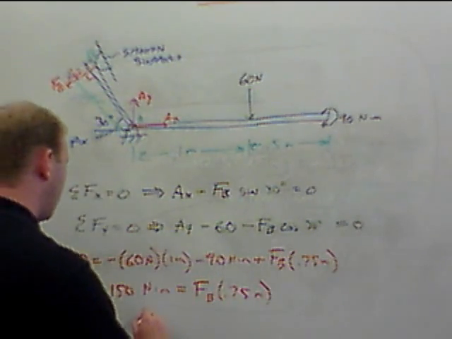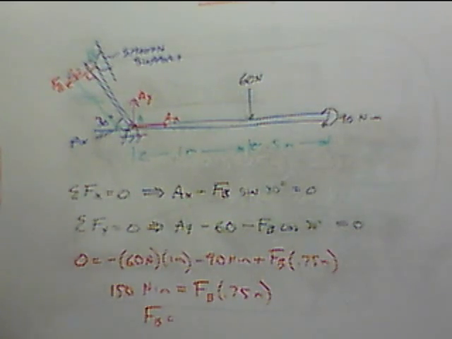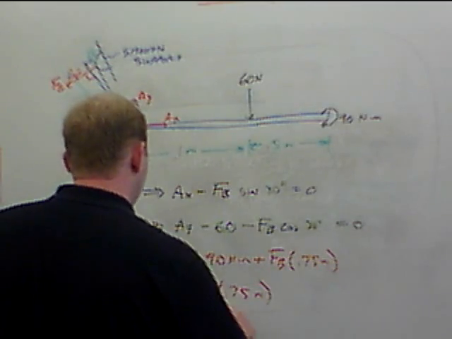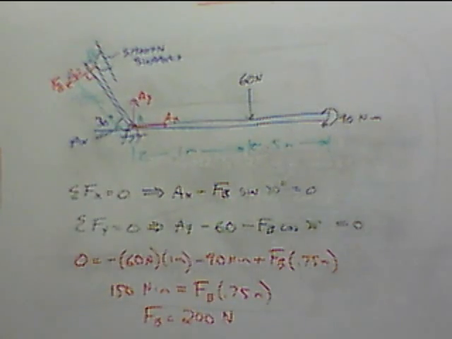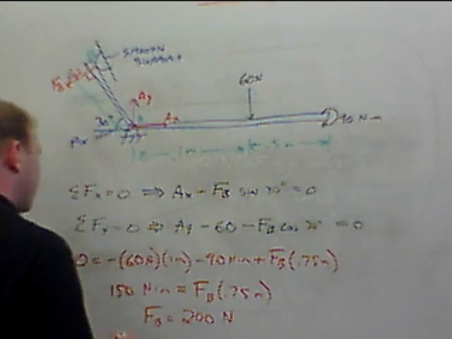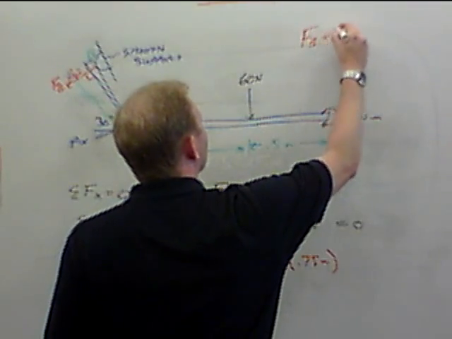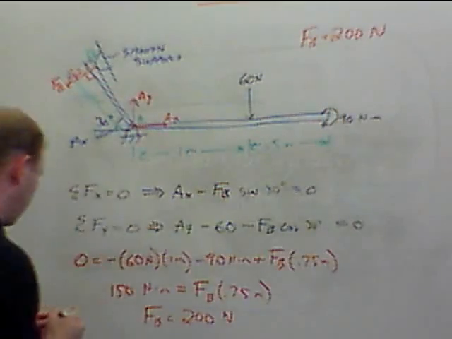Divide through, FB is 150 divided by 0.75. I'm going to have to use the calculator. Should be able to do this in my head. Oh no, it's 200 newtons. And then double check my sanity here. Yep. Okay. So force at B is 200 newtons. So I'll put that up here. So we know that one.